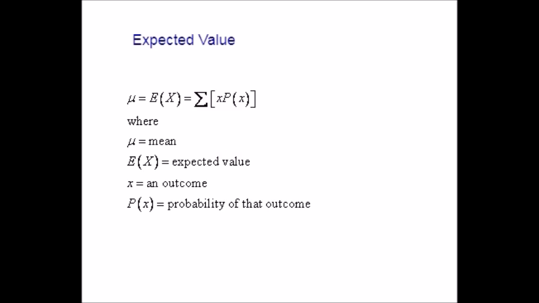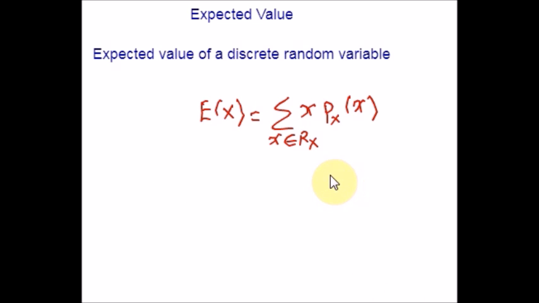Now let's move on to the concept of expected value of a discrete random variable. Let us discuss one by one. When x is a discrete random variable having a support Rx and the probability mass function p of x with the suffix x, the formula for computing its expected value is a straightforward implementation of the informal definition that I gave you just before.